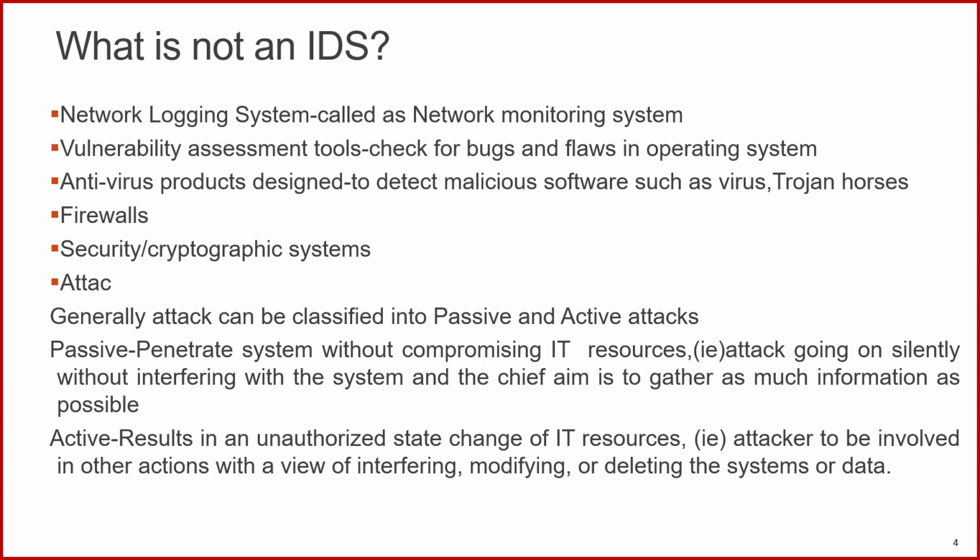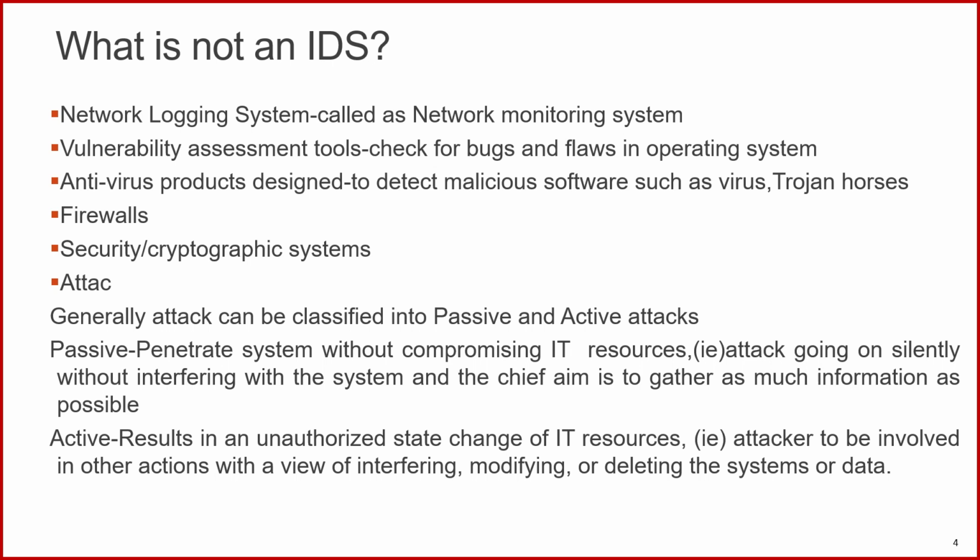They just help to check for bugs or flaws in the operating system. Then antivirus products that are designed to detect malicious activity like viruses and Trojan horses are also not an IDS. Firewalls are also not an IDS. Then any security or cryptographic systems or technologies implemented also do not come under the IDS.